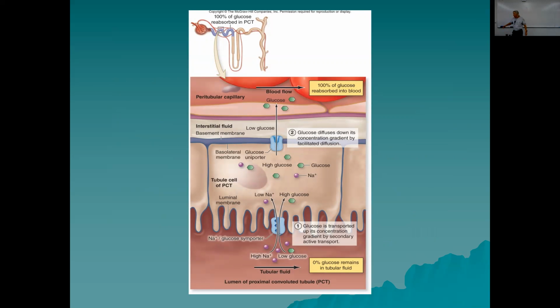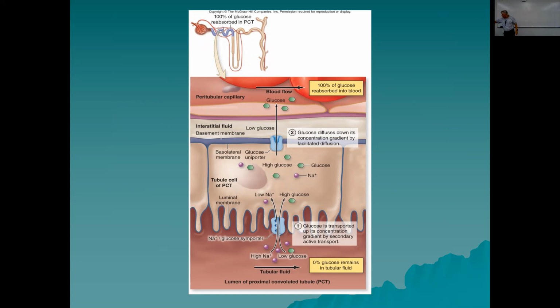So here is a diagram showing the tubular fluid, high sodium, low glucose. These are brought in together. If you remember, that's called secondary active transport. It's also called symport. It uses the sodium concentration gradient across the cell to bring glucose in.